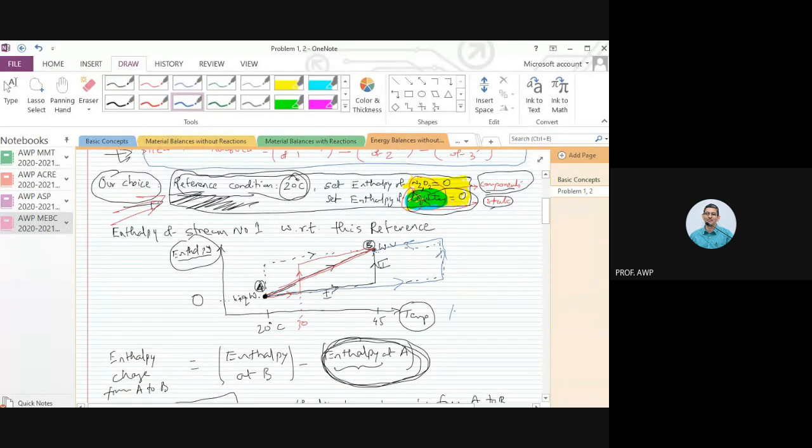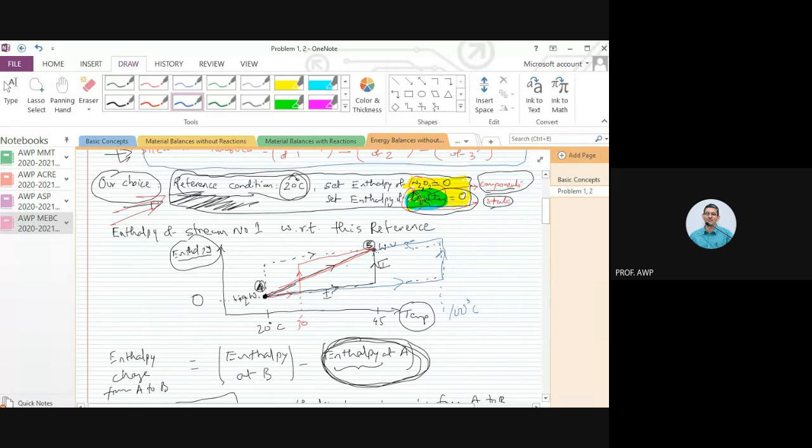go up to 100 degrees centigrade. Is that okay? Yes, sir. The only thing I was asking is if we consider the dew point, we'll have to calculate lambda at the dew point, right? No, it depends on what path you are taking.